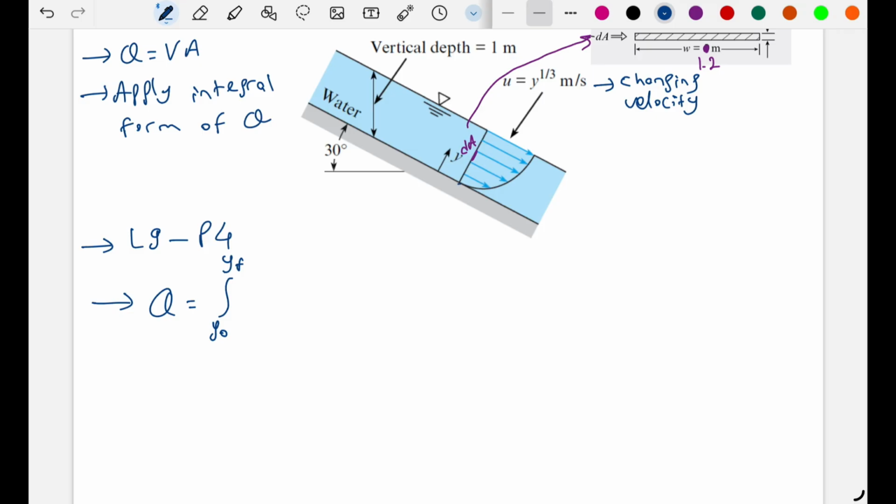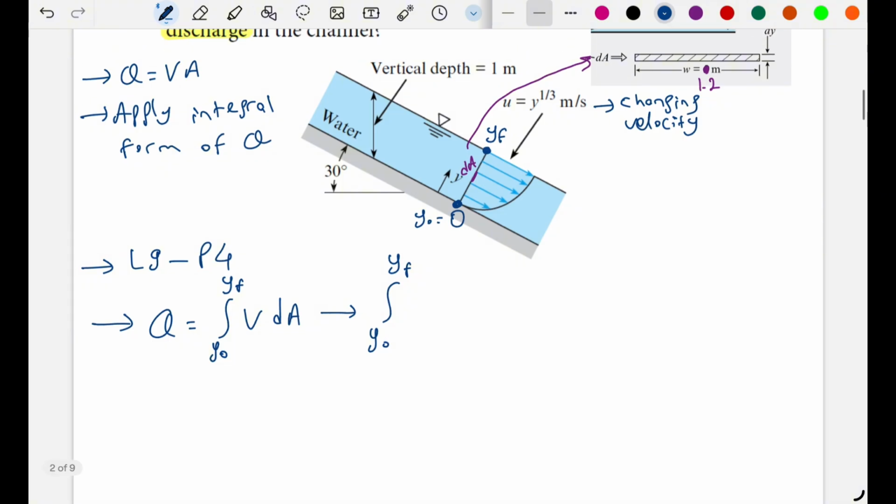For our case, starting from 0 and going to this distance. Again, we will have velocity and area, and since we are dealing with infinitesimal objects here, we use dA. So we will have y0 and yf.